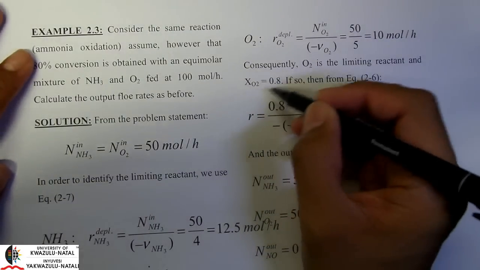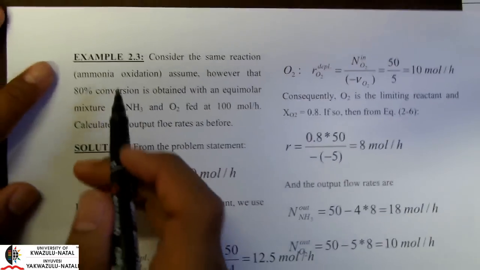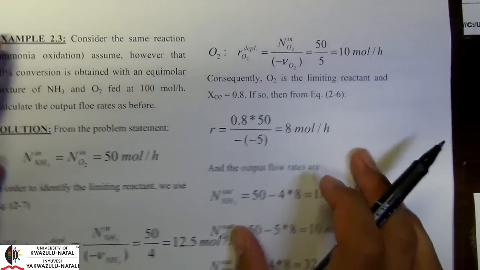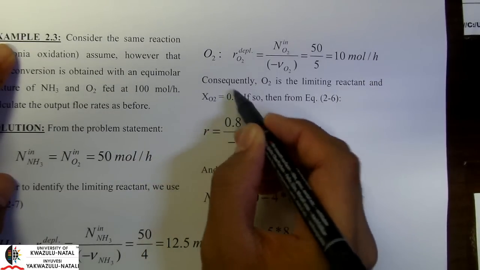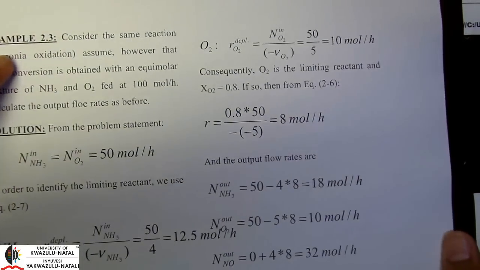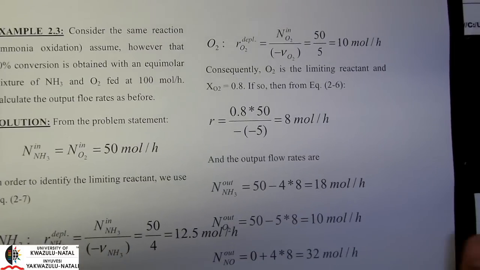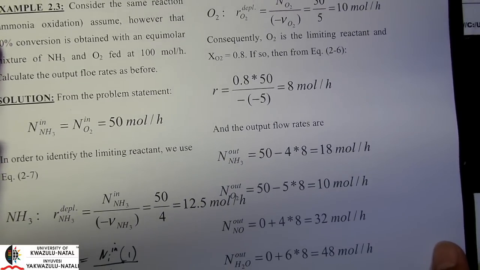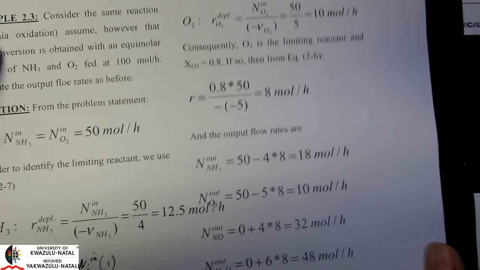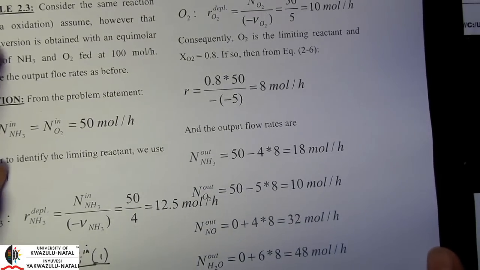Okay, and so when they are talking about 80% conversion, we can now assume safely that they are specifying a conversion for oxygen. Because remember that the conversion will always be specified in terms of the limiting reactant. That is most often the case.